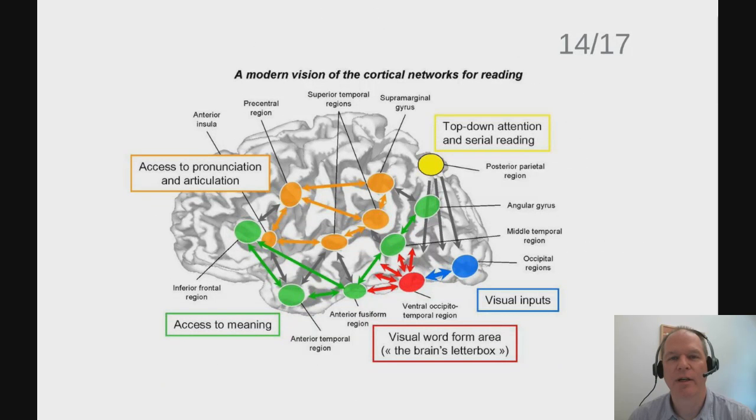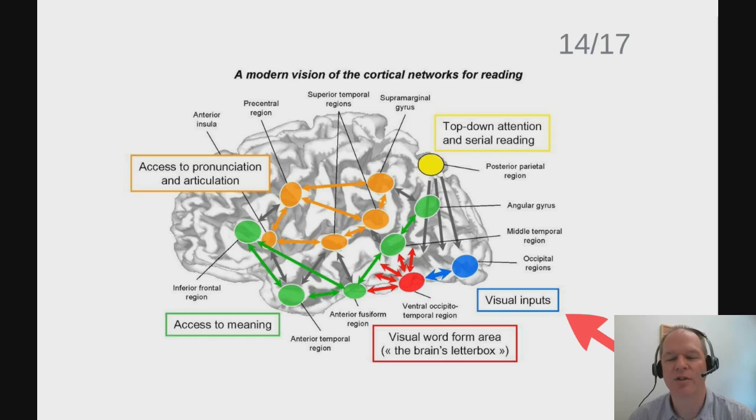When we look at how reading is processed in the brain, it's a much different story. Once the visual input enters the brain through the occipital lobe, it's distributed to many, many areas of the brain. What this tells us is that the brain doesn't have hardware built in specifically for that reading signal.